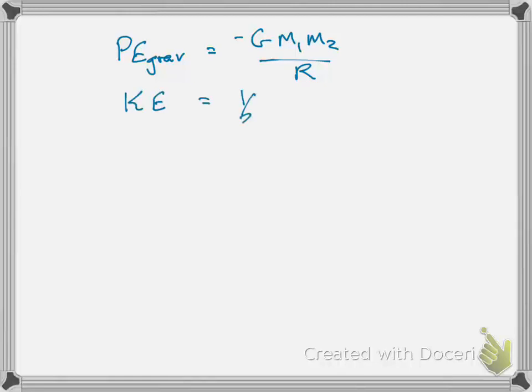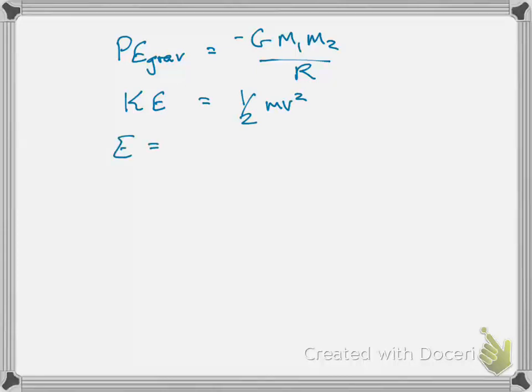So to summarize, the potential energy due to gravity is now minus G m1 m2 over r for any two objects in the vicinity of each other. The kinetic energy is still, as always, 1/2 mv squared.